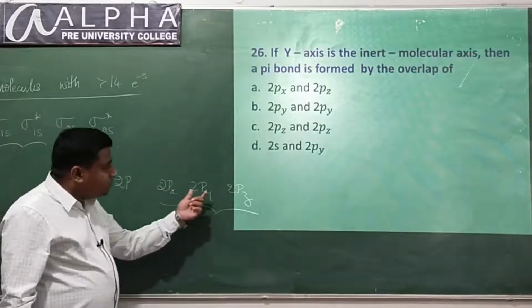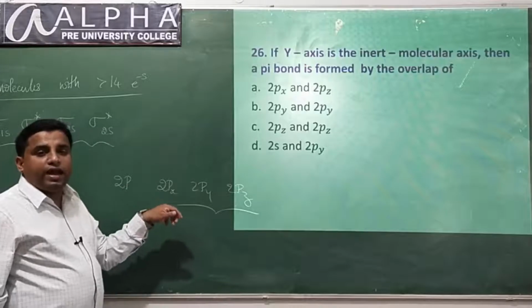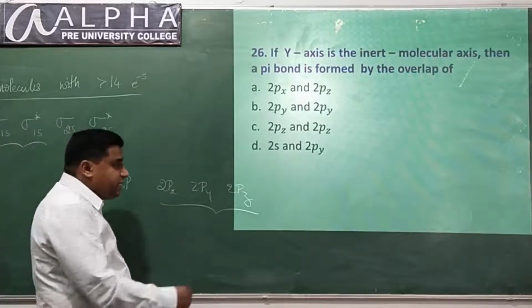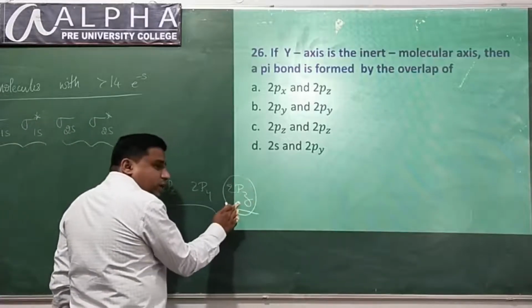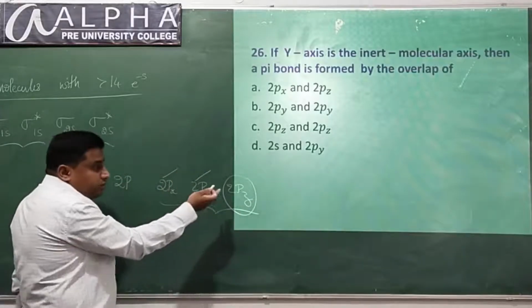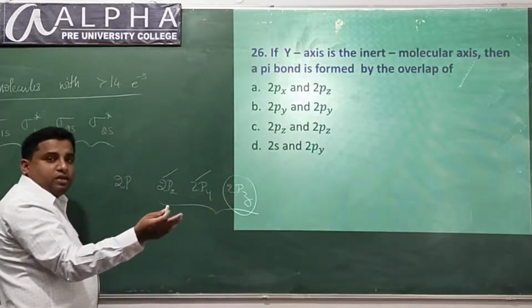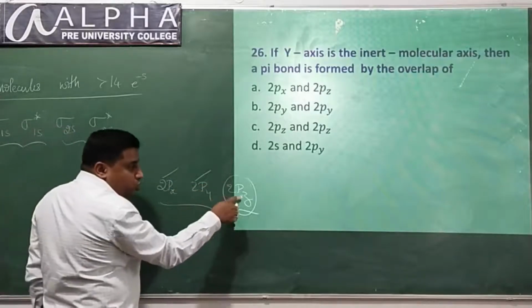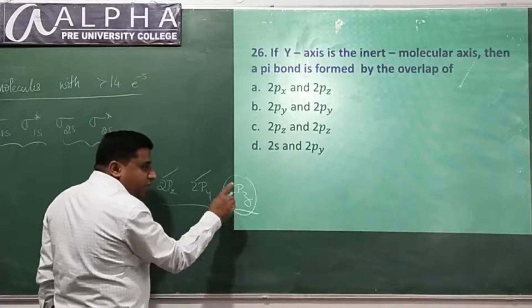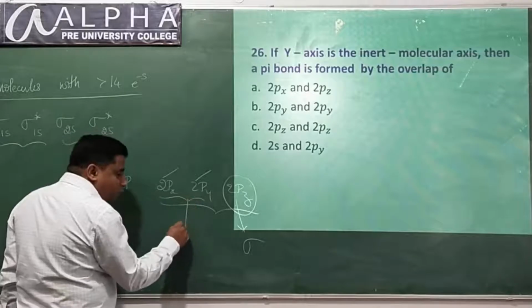Among the 3 orbitals, if I consider one as the intermolecular axis, let us say 2pz, then these 2 orbitals will form pi bond. This will form sigma bond. It is arbitrary. If I consider the 2pz orbital as intermolecular axis, then this is going to form sigma bond, whereas these 2 will form pi bond.